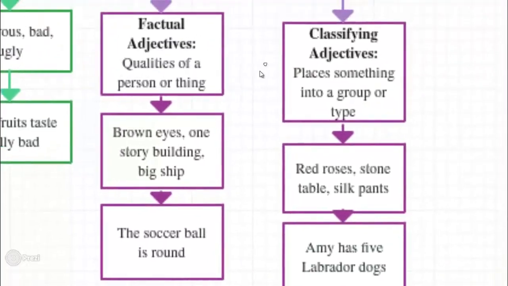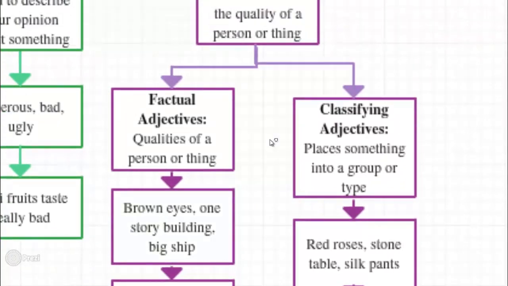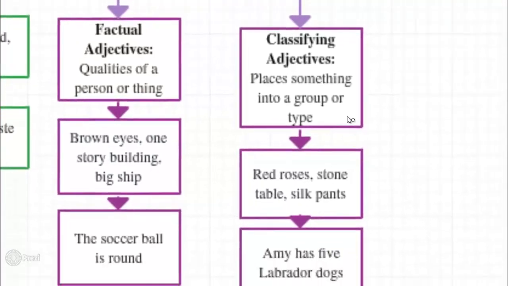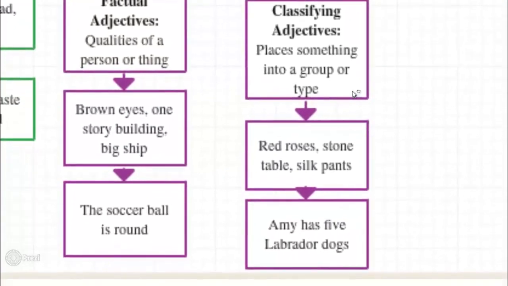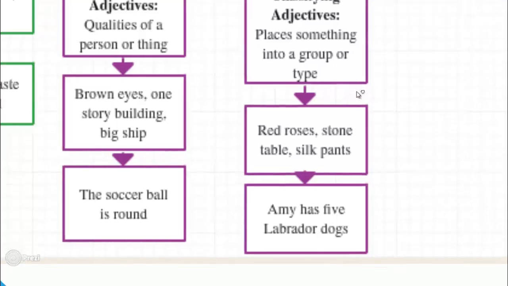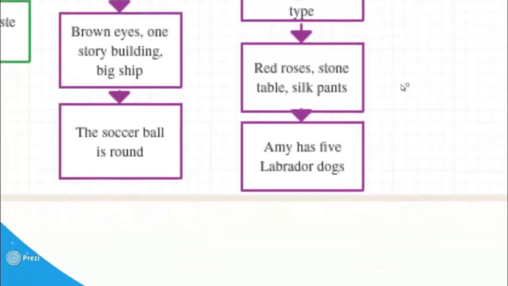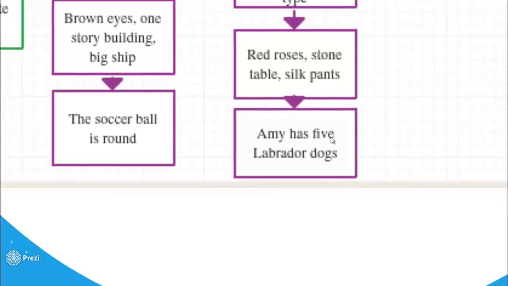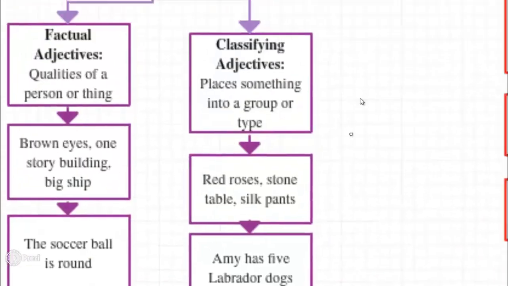I'm talking about something that is factual. It is not what you think. It is not what I think. It's what it is. Then we can talk about classifying adjectives, which tell us the type of thing. For example, we have red roses, stone tables, silk pants, and Amy has 5 Labrador dogs.